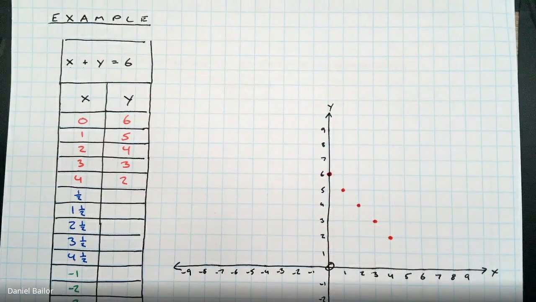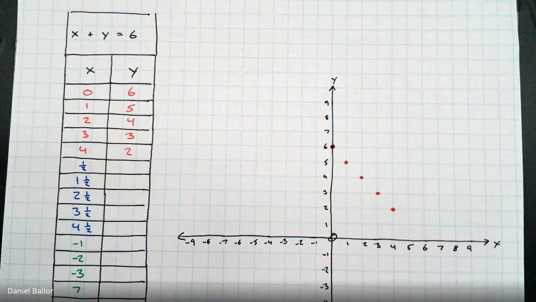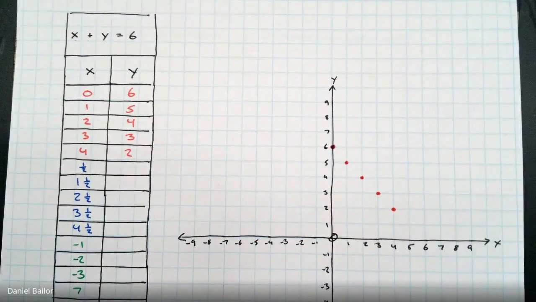Now, what kind of shape do you think we're going to get for this graph? Those are just the values that we chose. What kind of shape could we get with this graph? The tough part is you might think you know what shape we're going to see, but it's hard to be exactly sure at this point, because it is absolutely possible that what we chose looks one way, but it changes.